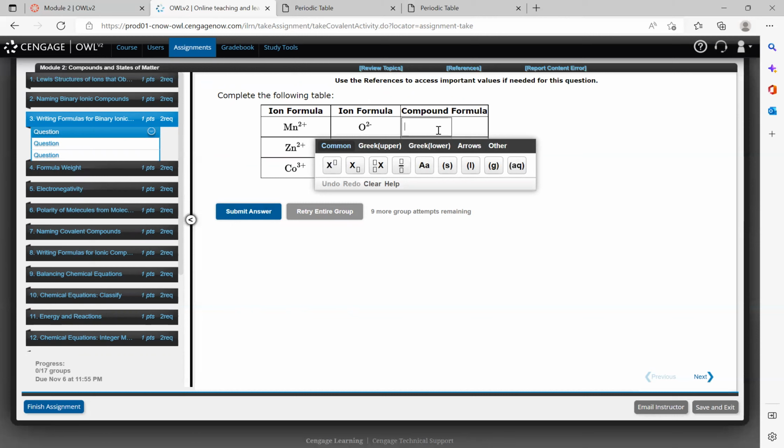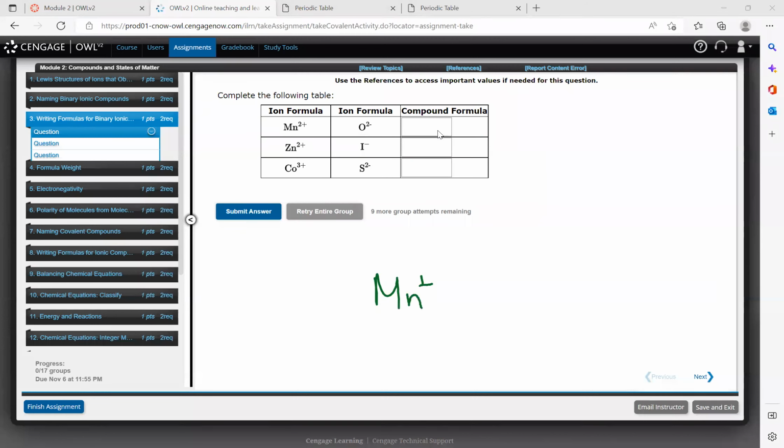Because their charges are the same in magnitude, we want an overall charge of 0. We have Mn +2 and oxygen -2, so the overall charge is 0, and we just write it like this for manganese oxide.